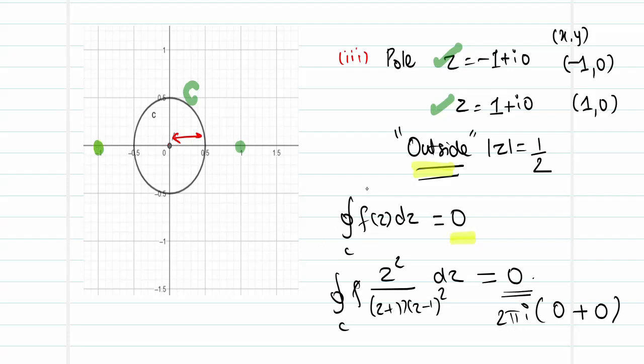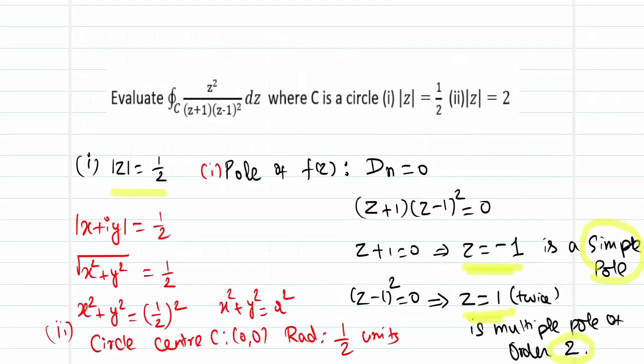So this completes the first portion of our problem for the boundary mod z is equal to half.